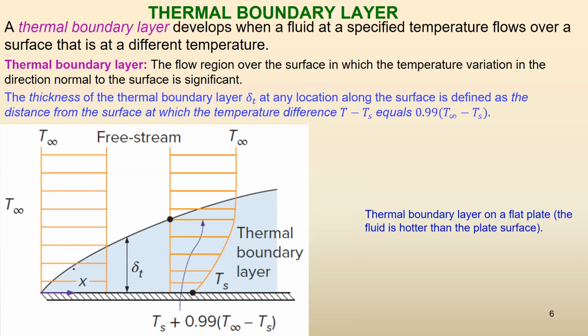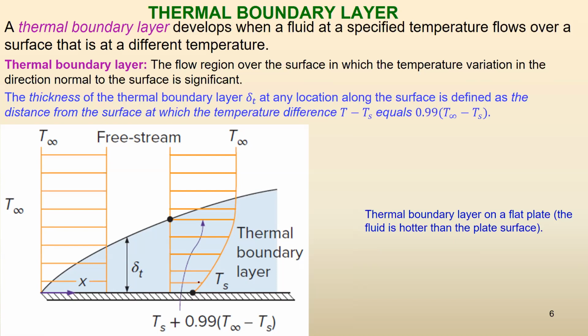So let's say the temperature of the fluid before it hits the surface, the cold surface, is 100 degrees Celsius. And the temperature of the surface is 20. When it hits the surface, the fluid loses energy at the layers closer to the solid surface.